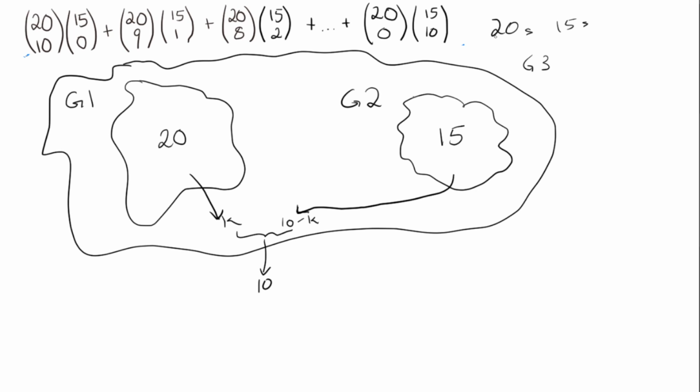Now we again said 20 and 15. 20 plus 15, that's 35. So our answer is then the number of ways to choose 10 people from a group of 35. This is our answer. So now you may be wondering, how are we going to simplify this? How is this making sense? And the answer is there's no way to simplify this.